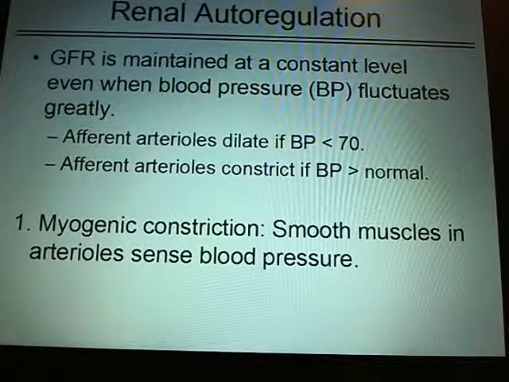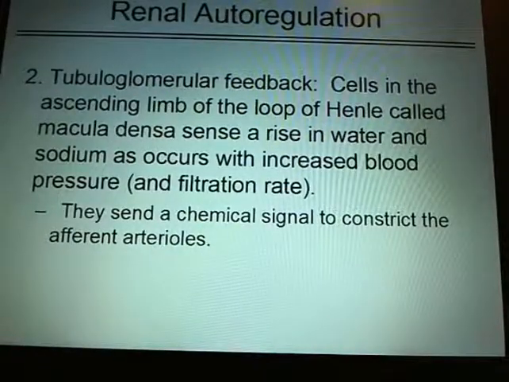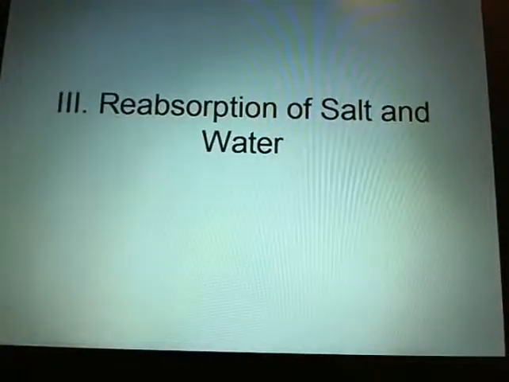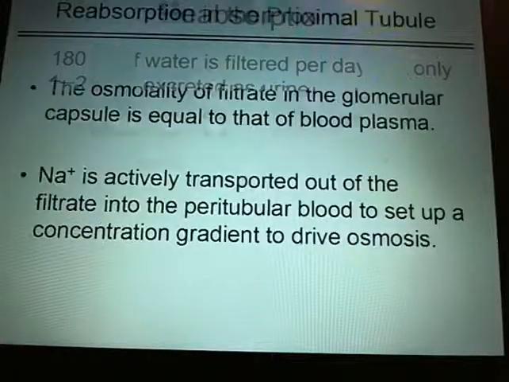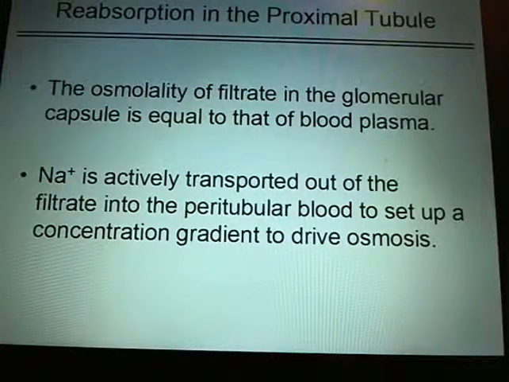Renal autoregulation: the GFR is maintained by the blood pressure. I'm not going to go into that as part of the kidney. Just know what the countercurrent is. Know that as the filtrate moves down the descending loop of Henle, water is drawn out by osmosis.